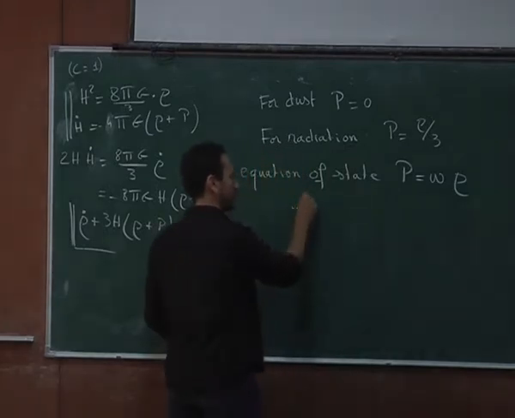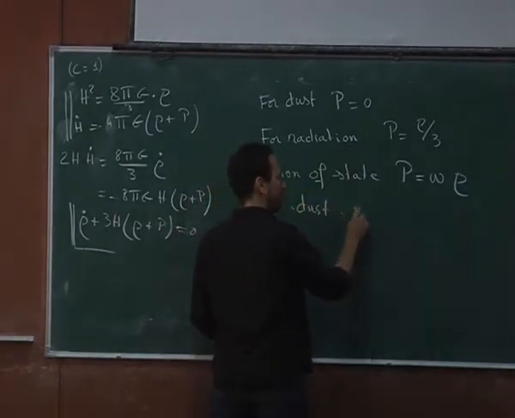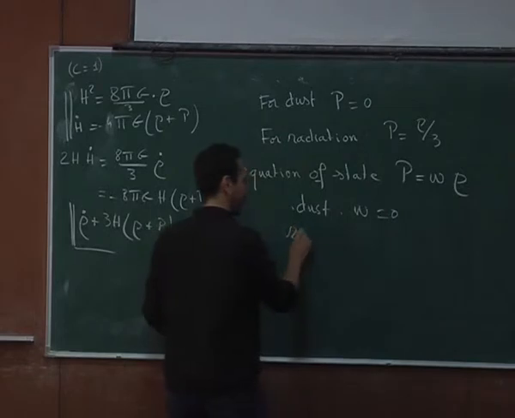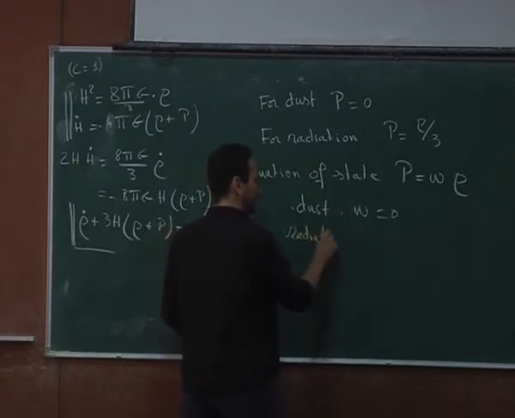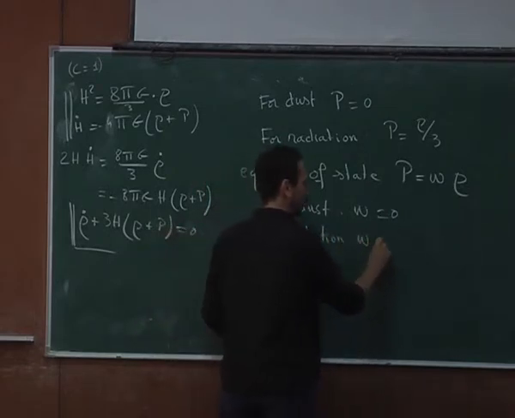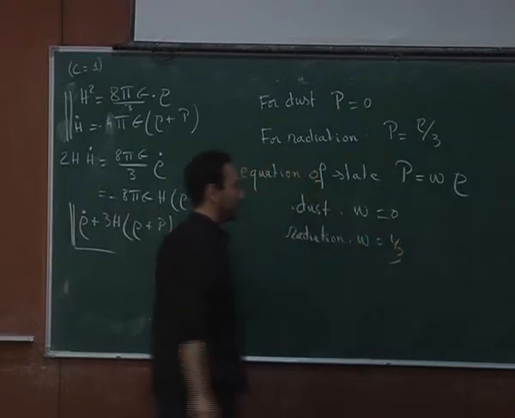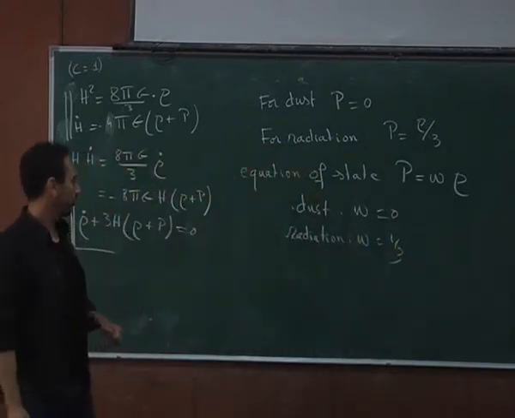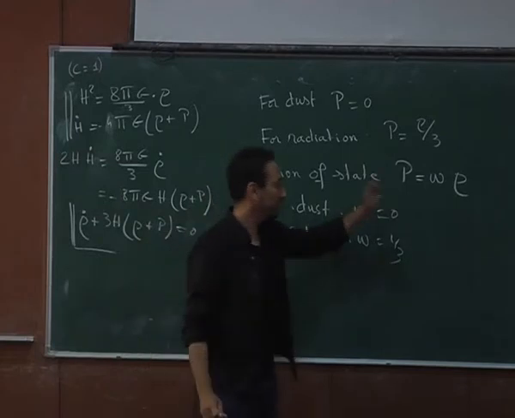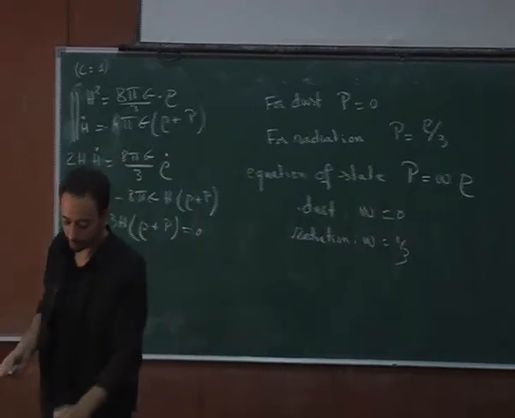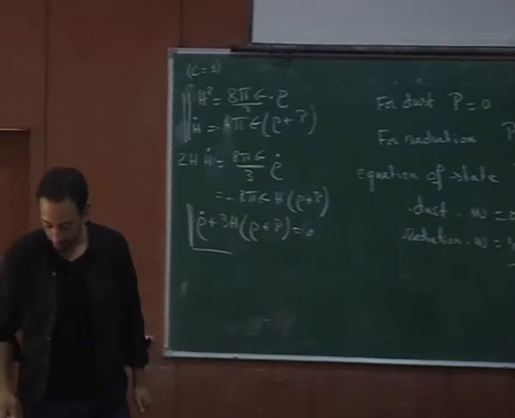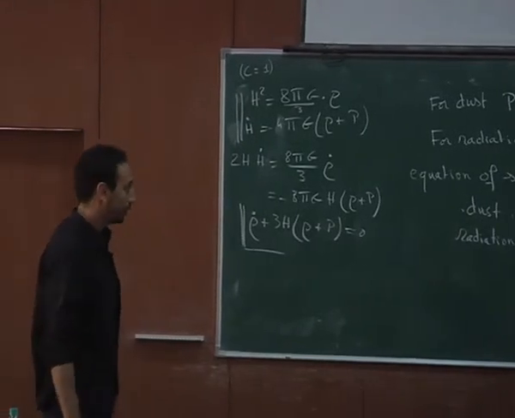For dust, we have W equal to 0. For radiation, we have W equal to 1/3. This is something that we will consider for different types of fluids.